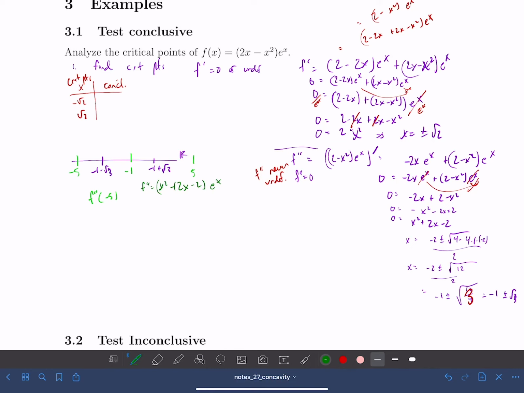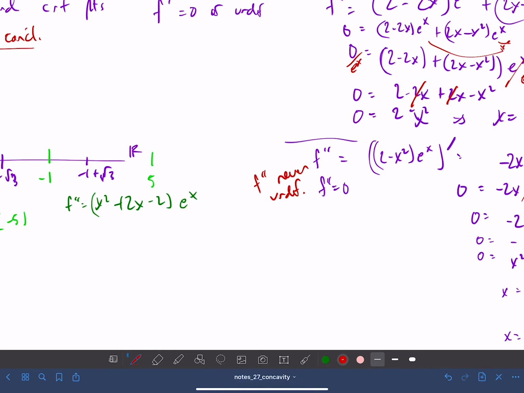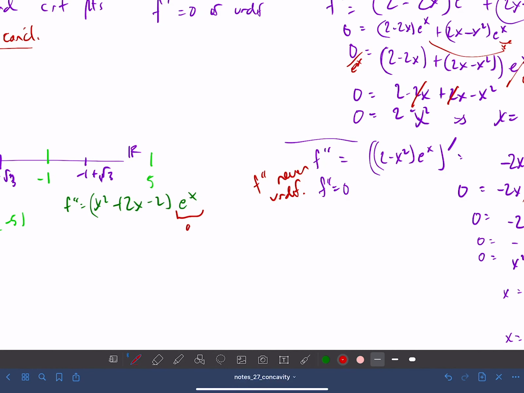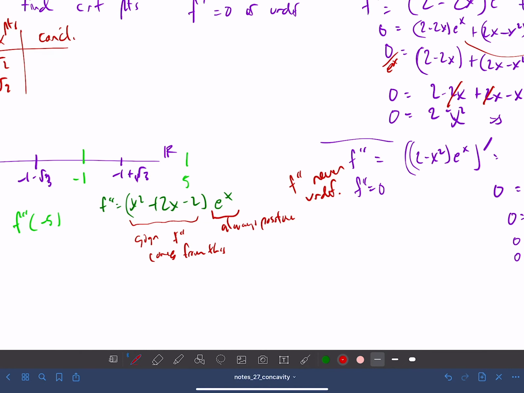Ooh, check this sweet little ditty out. This right here, e to the x, that's always positive. So the sign of f double prime comes from this. So I'm just going to evaluate that part.